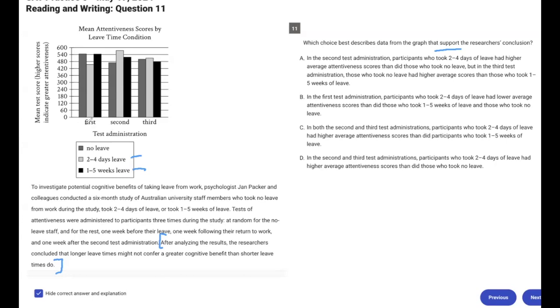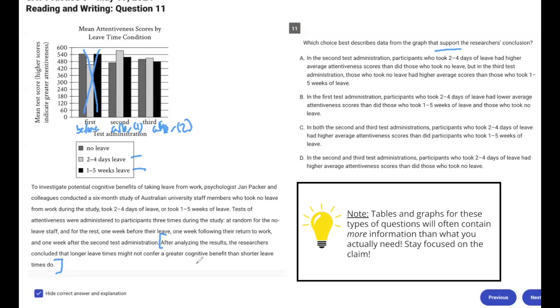So in other words, this is before, this is after 1 week, and then this is after 2 weeks. Okay, so this first test is not relevant because the claim is basically saying that the cognitive benefit would happen after the vacation, not before. That's what we're looking at.